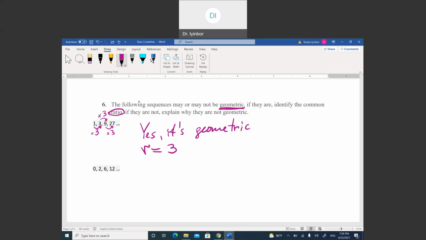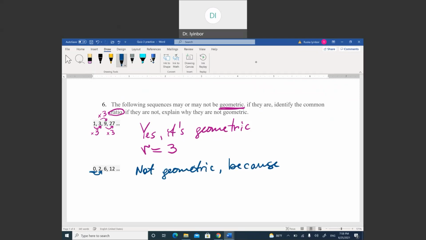And then let's go ahead and do the second one. So here we start from 0 to 2. What are you multiplying to get 2? Whatever you multiply, if this is 0, you're going to get 0. So this is not geometric. Why is it not geometric?